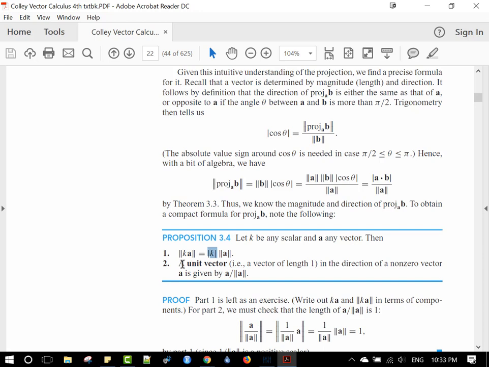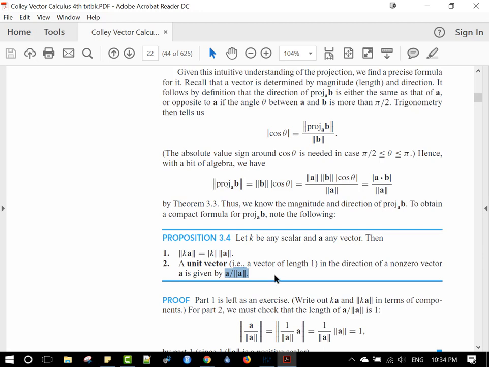And one more. A unit vector in the direction of a vector A is given by this. Okay, so what is that? Is this really a vector, this expression? Because I just called this a unit vector, so it must be a vector. If they call it a unit vector, that's a type of vector.